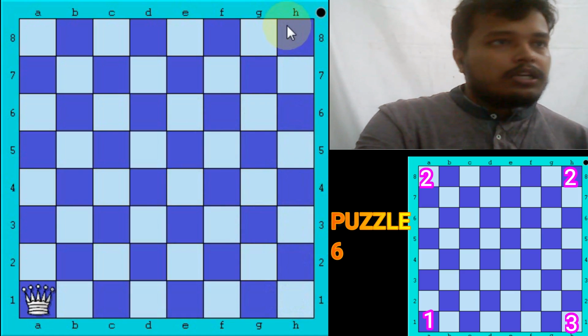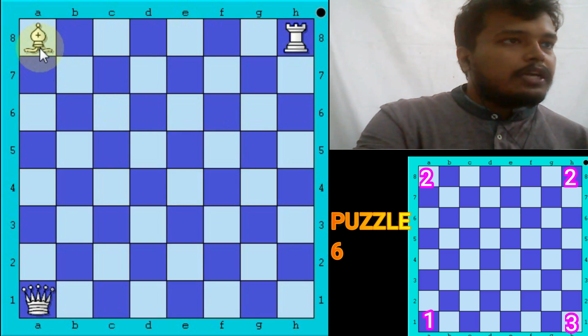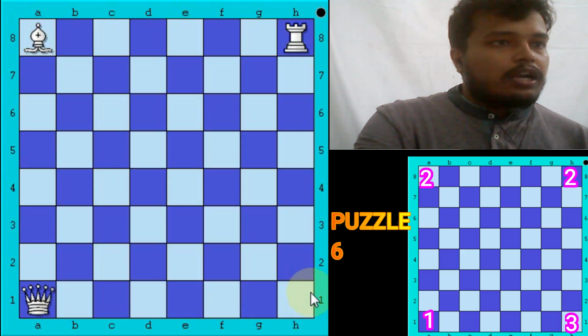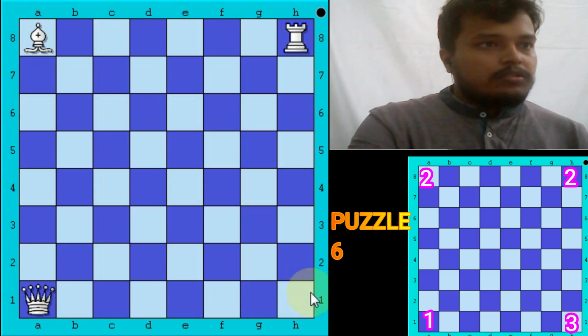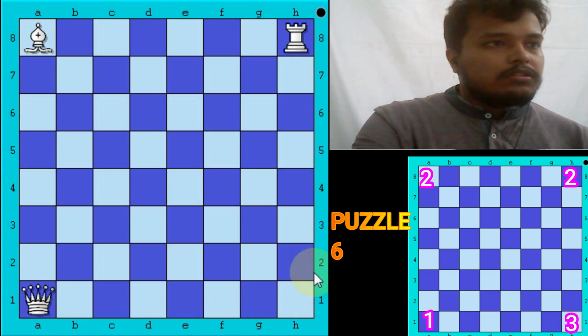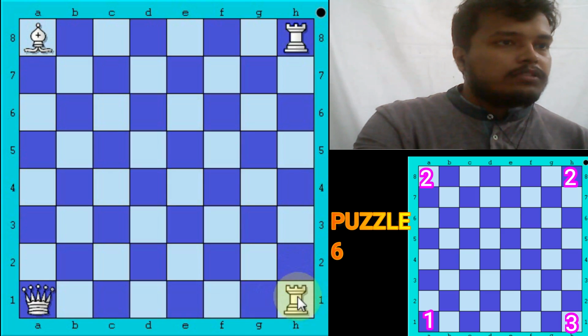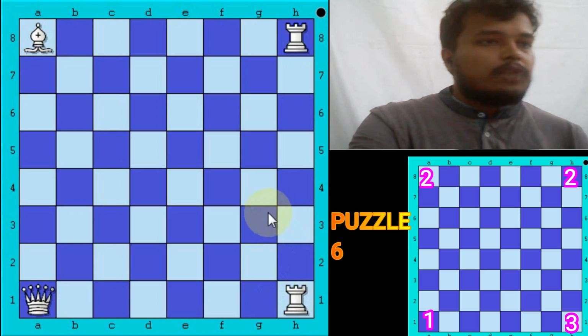So I think the h8 square has to be placed with the rook, so that it does not attack the a1 square. And here, if the bishop is placed here, then it is already attacked twice. Since the a1 square has to be attacked only once, the rook has to be placed on the h1 square.